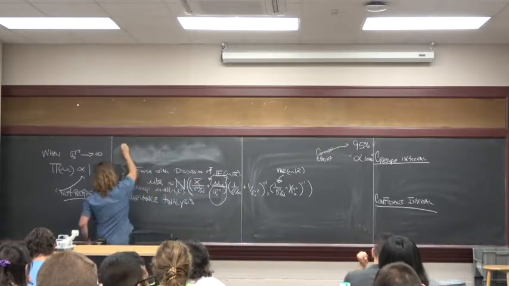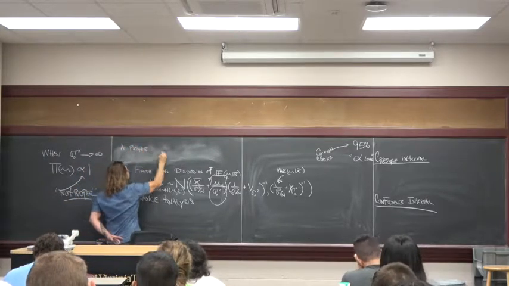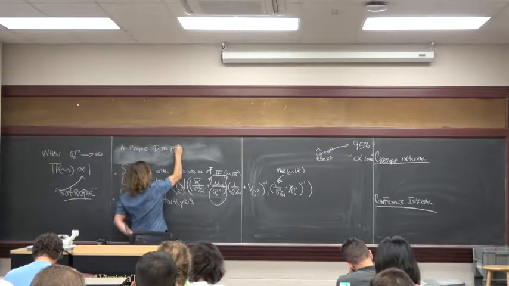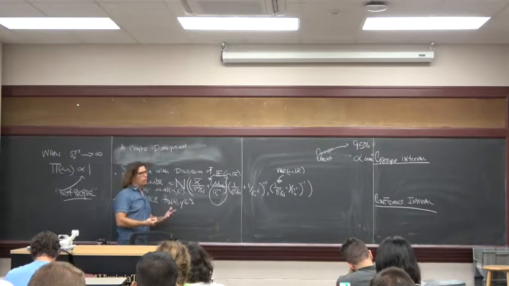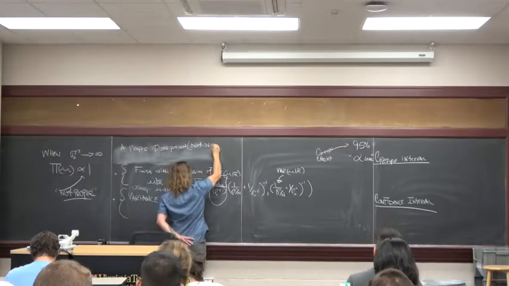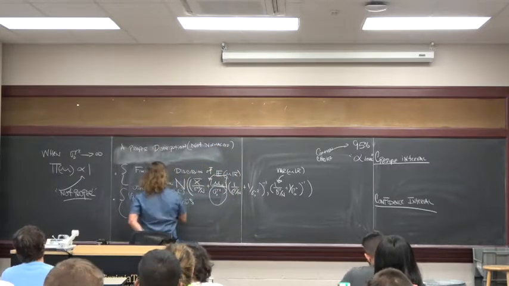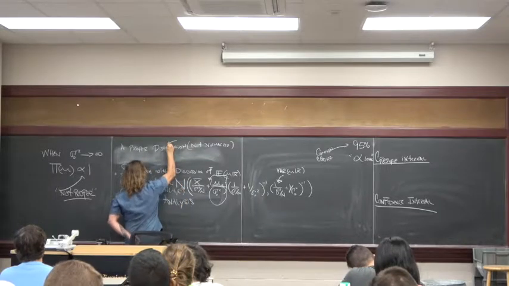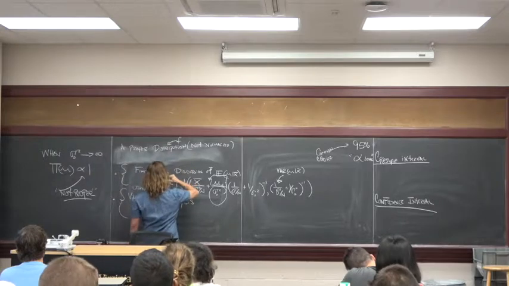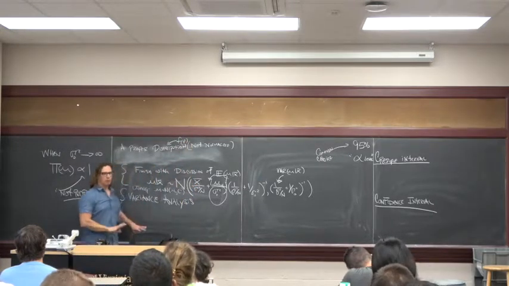Proper distribution, and this could be an unnormalized distribution. I'll call this distribution F, and I'll just plug in some dummy argument right here, so I'll call it psi. None of that's important.